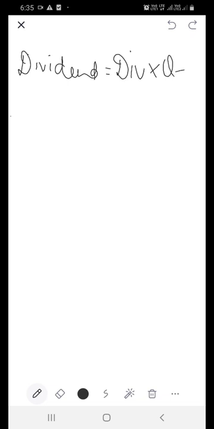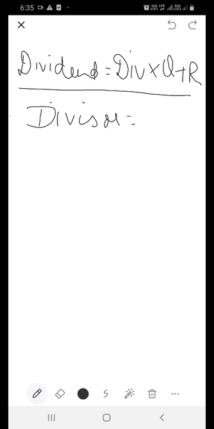Now in the lower classes, you must have learned this also: when you are asked to check whether your division is correct or not, dividend is equal to divisor into quotient plus remainder. Now in this formula, if I put divisor as 0, then what will your dividend become?